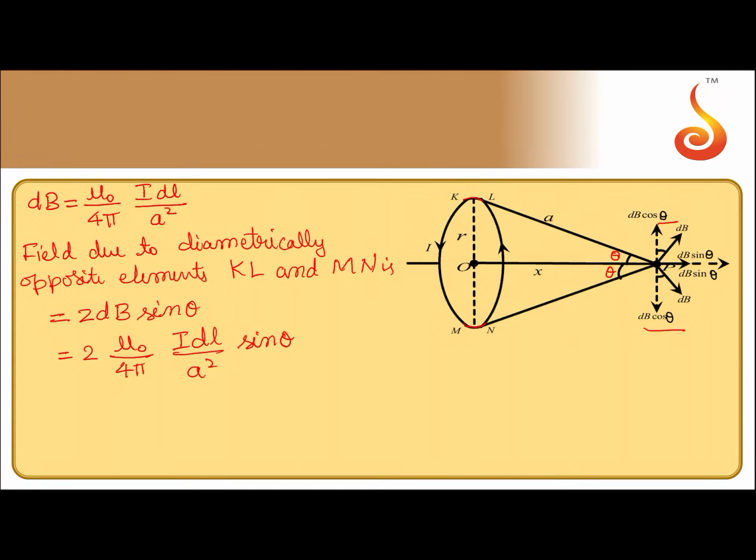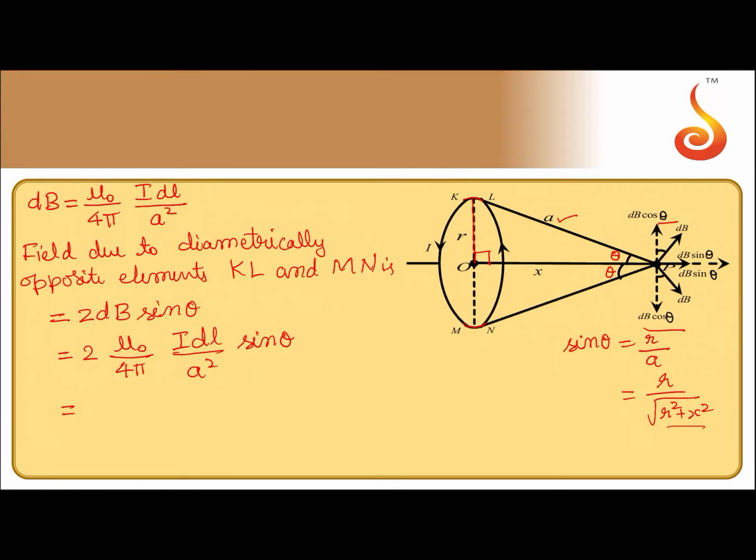Now from this diagram, let us consider sin theta. Sin theta is equal to opposite by hypotenuse. Opposite is this, that is R, divided by hypotenuse, which is A. From Pythagoras theorem, you can write A as root of R square plus X square, for this triangle which is right angled at O. Now for A square, you can substitute R square plus X square.